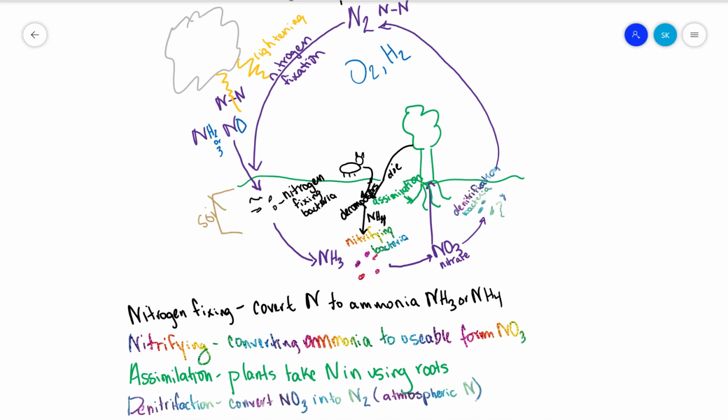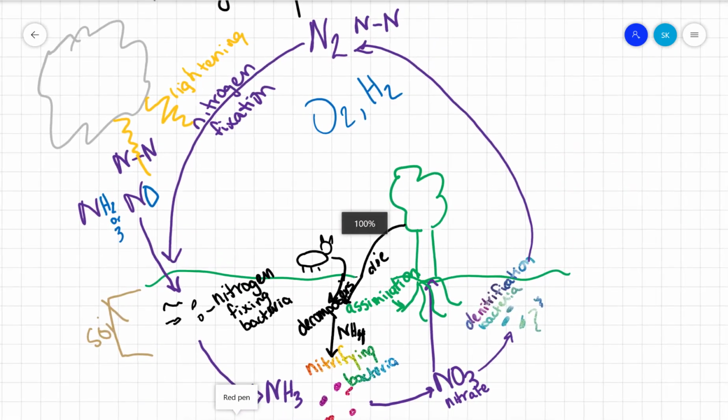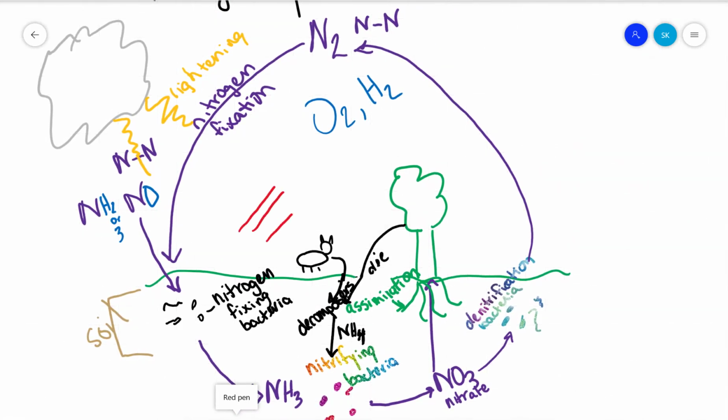All right, now the human impact, there's only two big ones, but they are really big. So I'm just going to add them to this drawing right here. The first one is, again, agriculture. Agriculture is going to use nitrogen as fertilizer, and the nitrogen as fertilizer is going to end up in our water and in our soil.